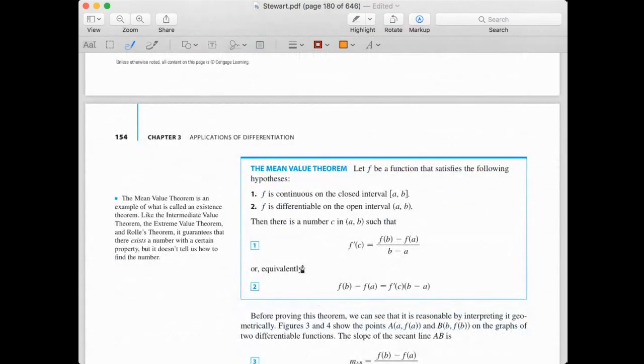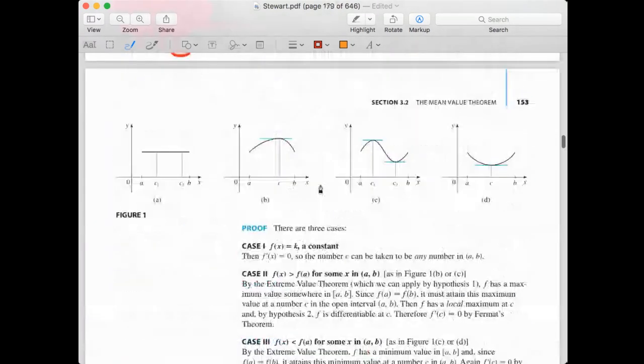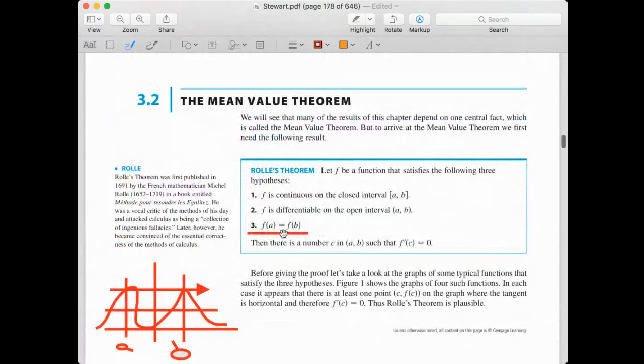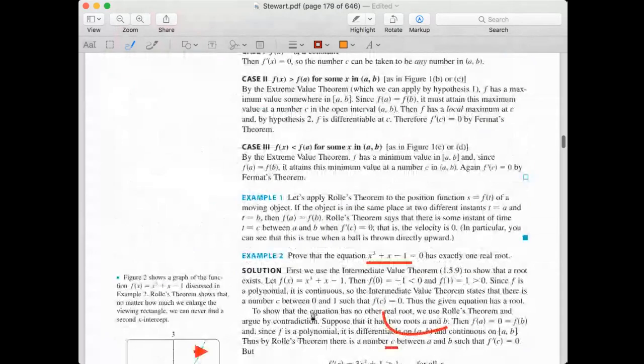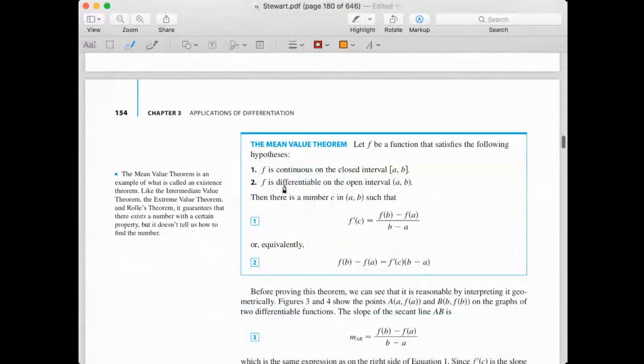Okay, but mainly the most popular one is the mean value theorem. We don't have to have the third condition here that we have in Rolle's, f of a equals f of b. The mean value theorem says we only need the first 2 conditions in Rolle's theorem.